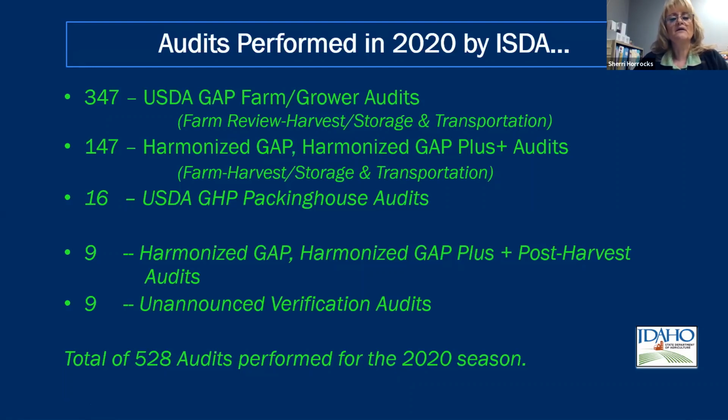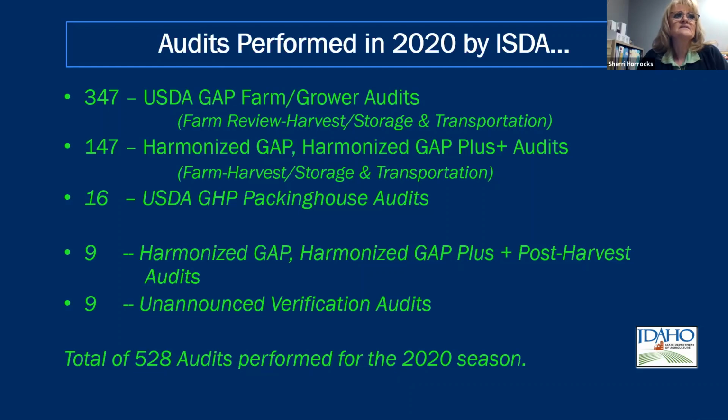Just so you get a better feeling of that, we do those audits in two steps. We come out during the growing season and audit the farm and all documentation associated with that. Then we also come out at harvest time. I'm not sure if FSMA does it in two steps or in one, but we do ours in two steps.